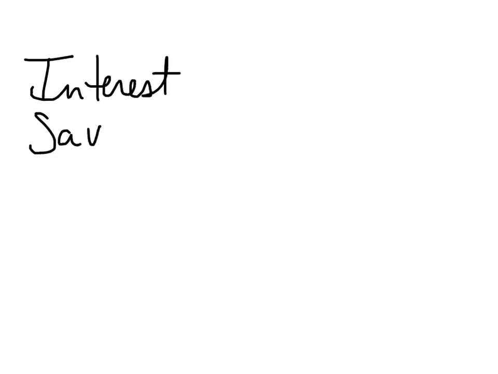And the last formula that we have is interest saved. What this is, if you pay off a loan early, you're going to save money because you're going to pay less in interest over the course of the whole loan.